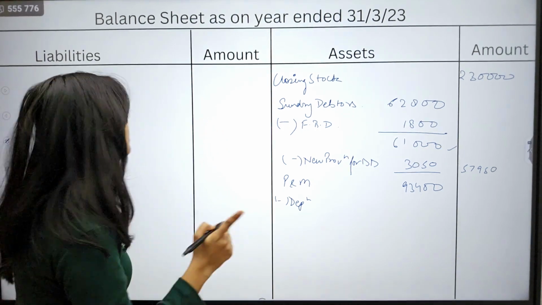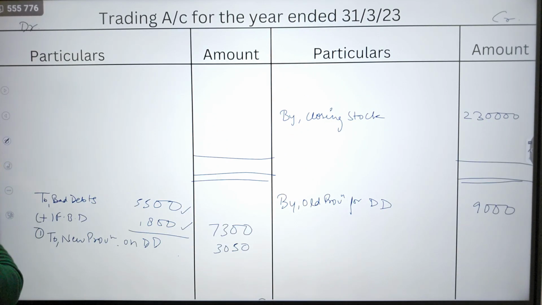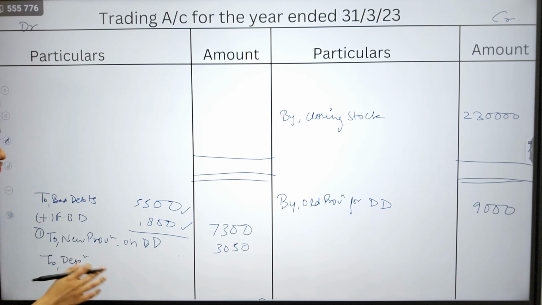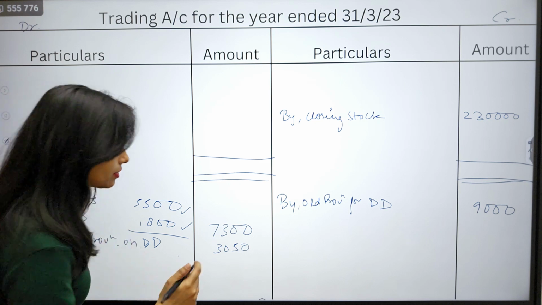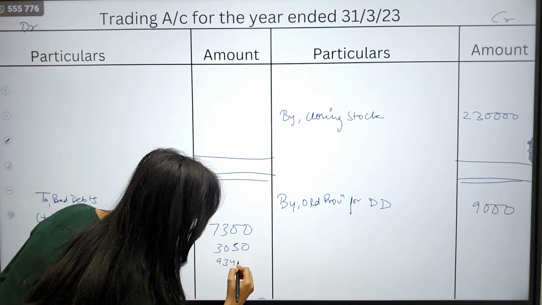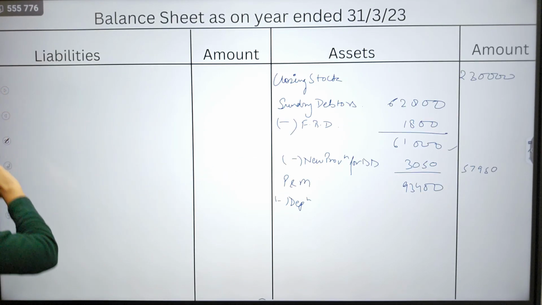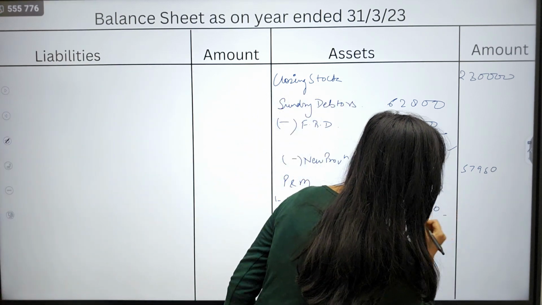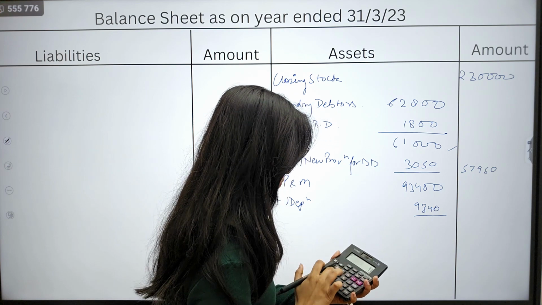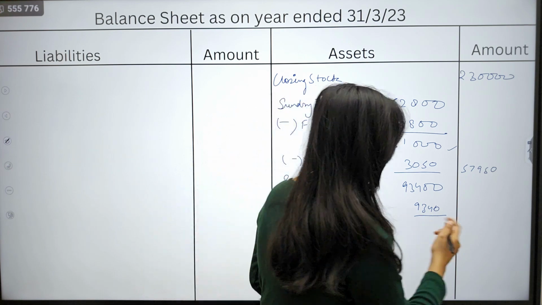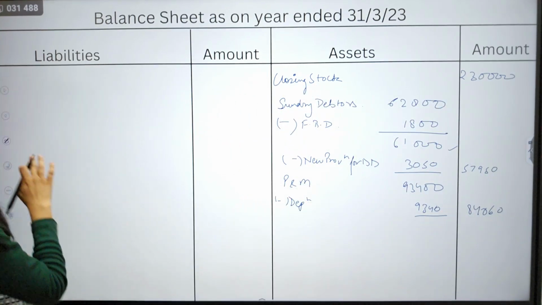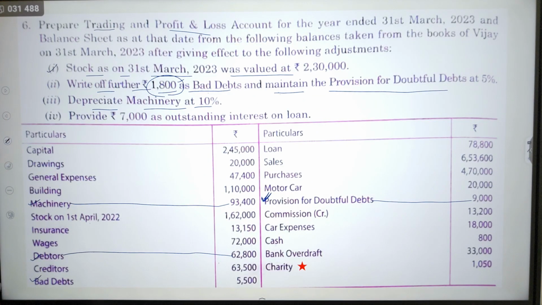For the first place that we adjust it in, write it off as an expense, to depreciation. 93,400 at 10% means 9340. And here also we will do that. We will reduce 9340 from here. I'll not explain this now. You have to understand it yourself. 84,060 is going to be my final value of my plant and machinery.